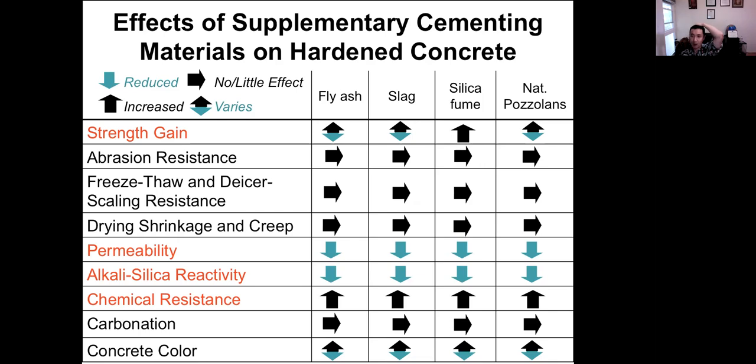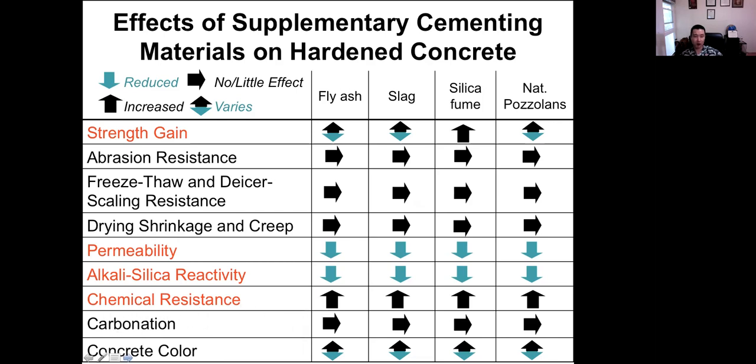Okay. For permeability, all these materials will reduce concrete permeability, so that is beneficial for concrete durability. For acidic reaction, it will also reduce reactivity, so increase the resistance, better chemical resistance.